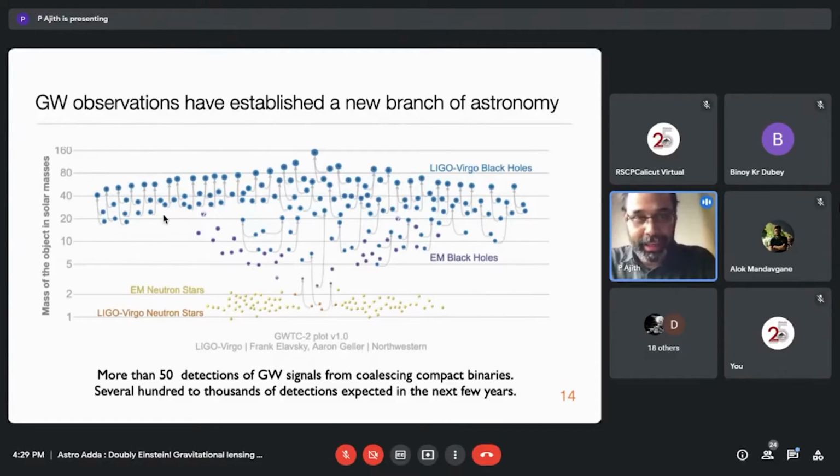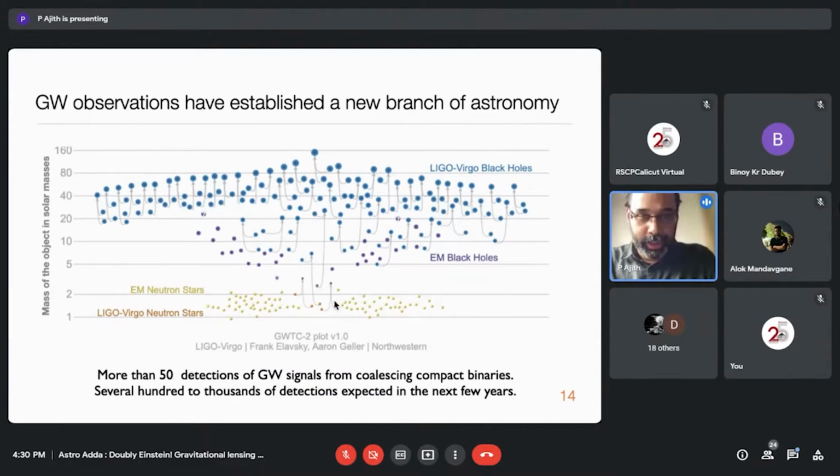And you can see that the LIGO-Virgo black holes are on average much more massive than these black holes detected by X-ray astronomers from our own galaxy, which was a bit of a surprise for most of the astronomers. But it is not anything completely extraordinary also, because these LIGO-Virgo observations are from very, very distant galaxies, potentially formed in a much earlier universe, etc.